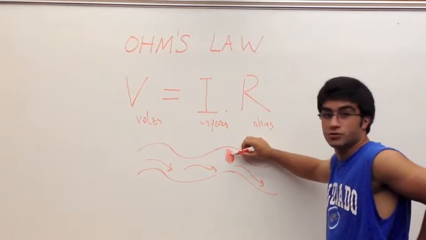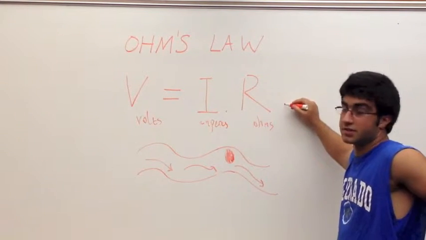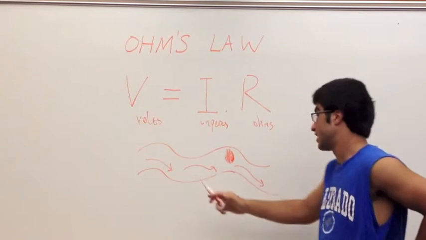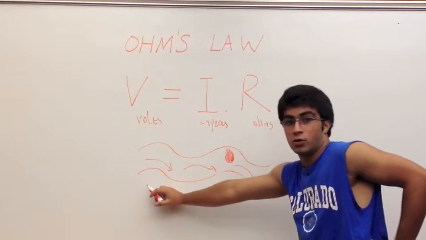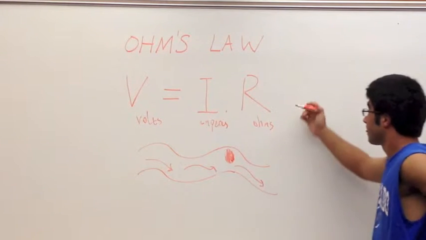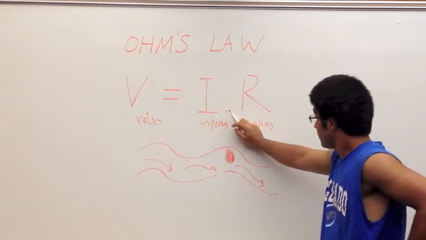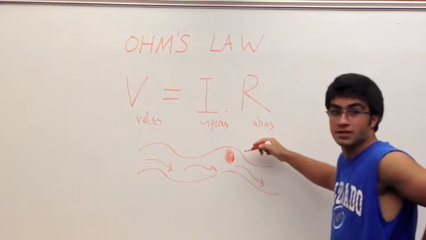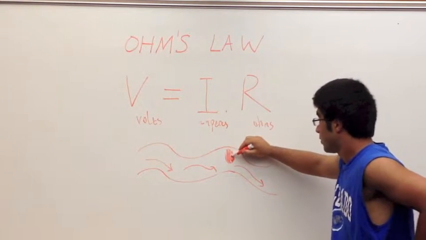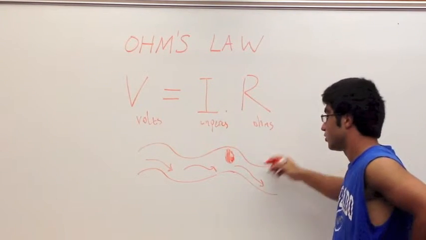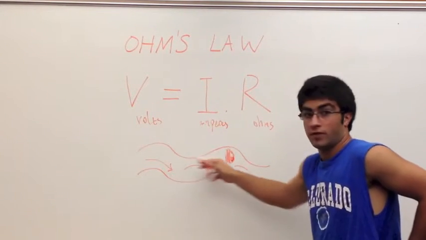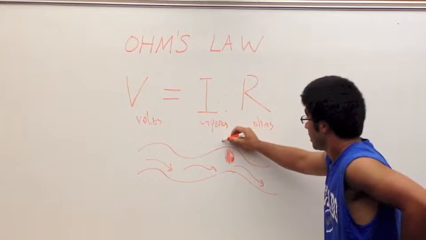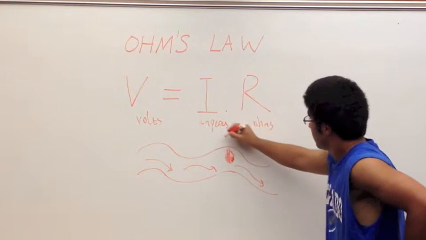We can consider the stone as the resistance, and the voltage is how the water goes from one way to another. When we make the stone bigger, the water is going to have a more difficult time flowing through, and that's going to decrease our current.